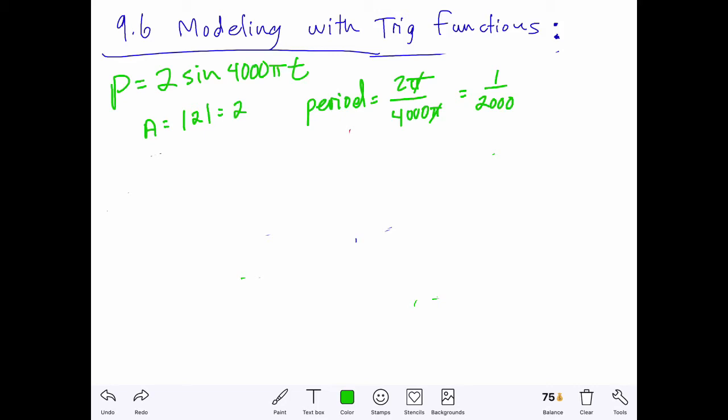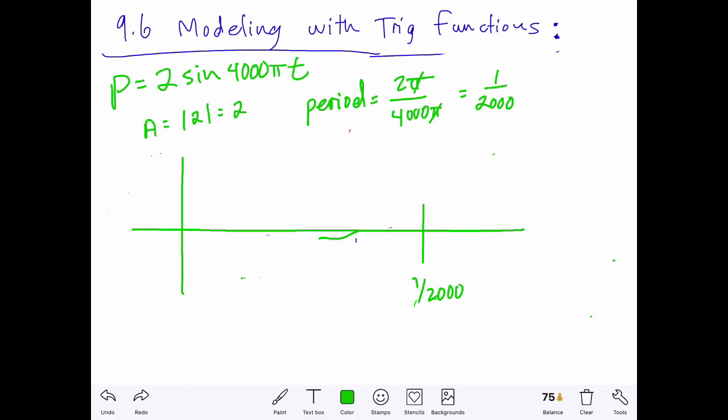Okay, so if I were to graph that, let's put my period length over here, 1 over 2,000. And then I'm going to divide 1 over 2,000 in how many pieces? Divide it by 4.